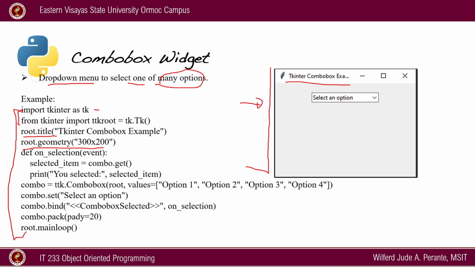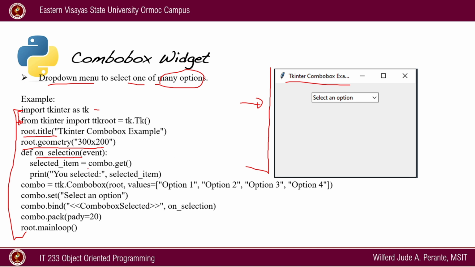This is our initialization. Okay. Then after that, from our code, we define the on selection event function, wherein we're going to print the selected item of the combo box.